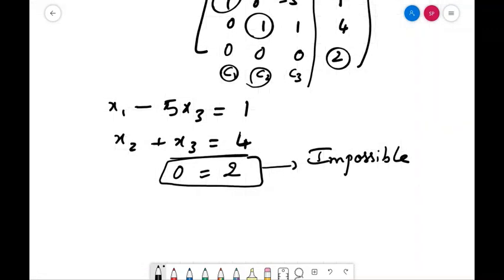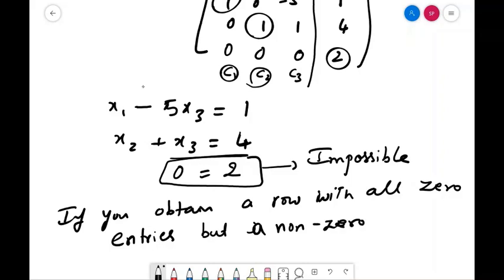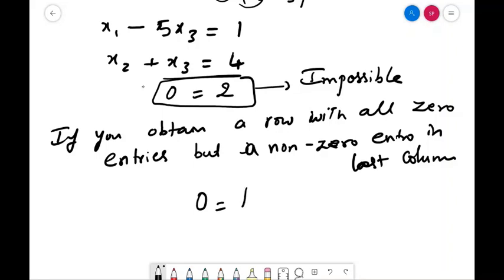That means if you obtain a row with all 0 entries but a non-zero entry in the last column, that will give you a contradictory equation, 0 is equal to some non-zero constant k, which is not possible.